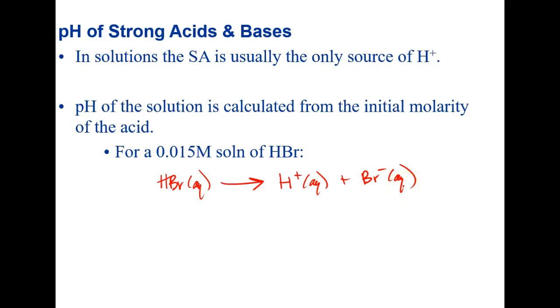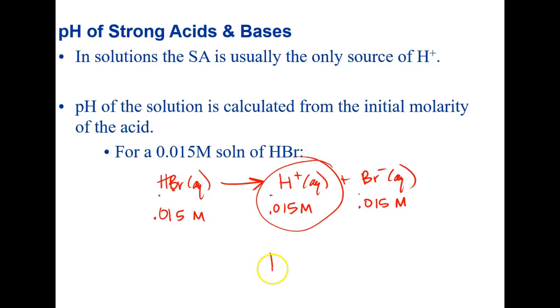and Br minus. Now, the ratios are really our key, and since it's a 1:1:1 ratio, if this concentration is 0.015, then we know the H plus and the bromide minus are also 0.015. The concentration that is relevant for us is certainly the H plus.